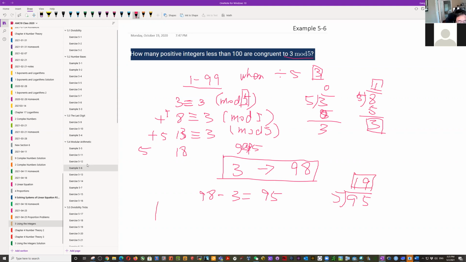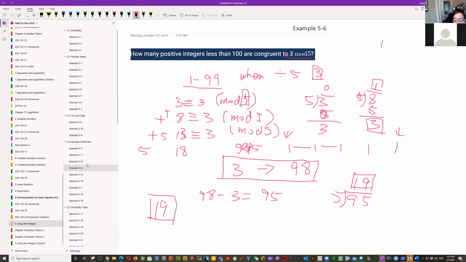So there are 19 gaps. But because we are counting the numbers, it's like a telephone pole or light pole problem. The pole number is always one bigger than the gap number.